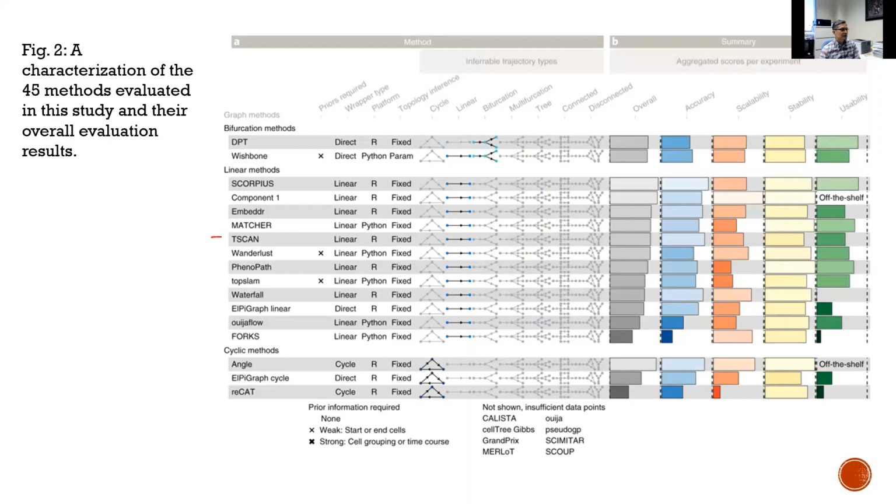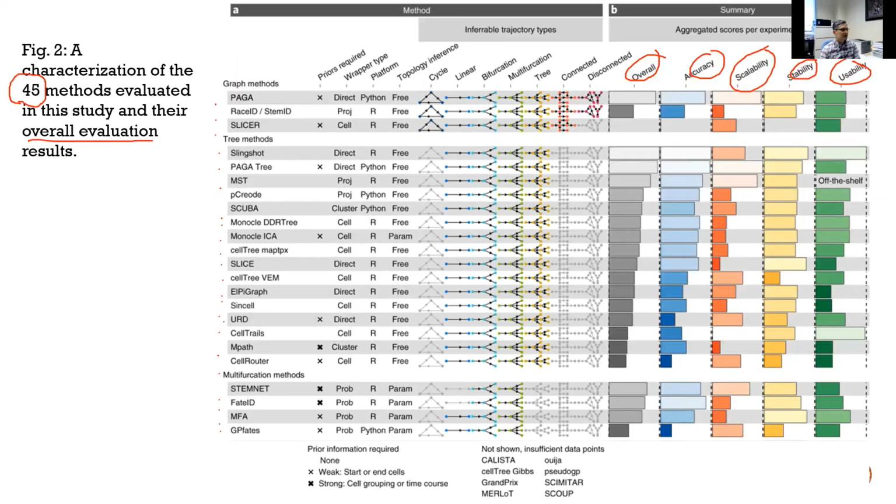So you can see TSCAN is here, and we mentioned Wishbone, we mentioned Waterfall, and in the previous slide we had Slingshot, and Monocle should be somewhere here. Monocle ICA, Monocle version 1 and version 2.